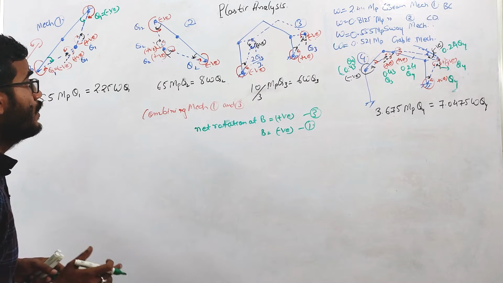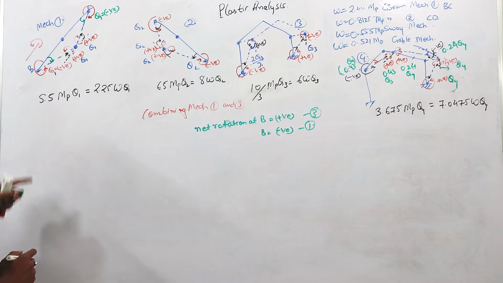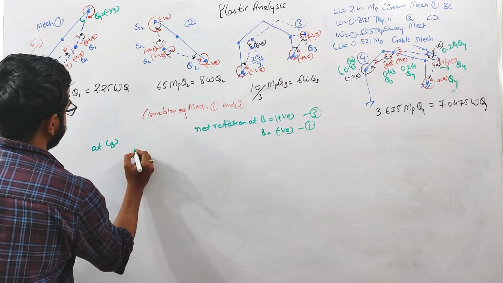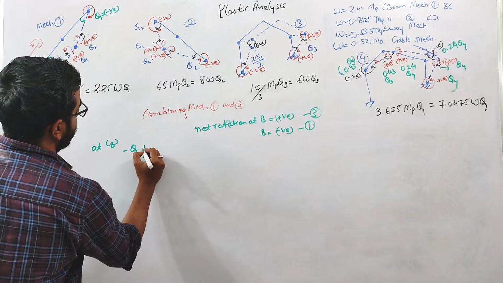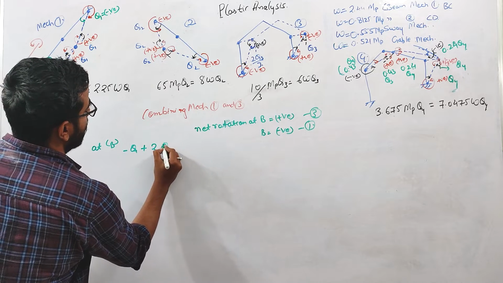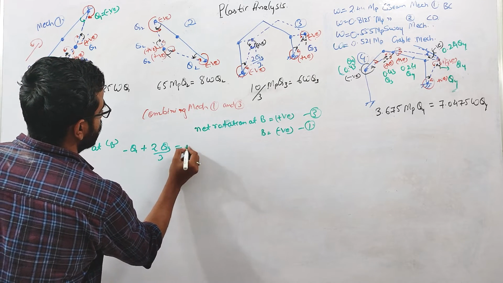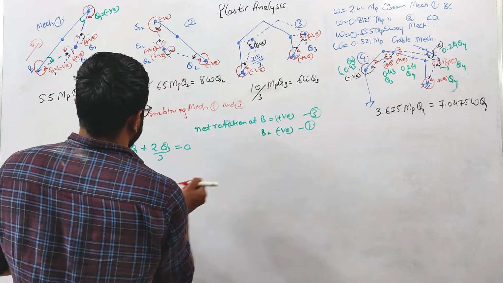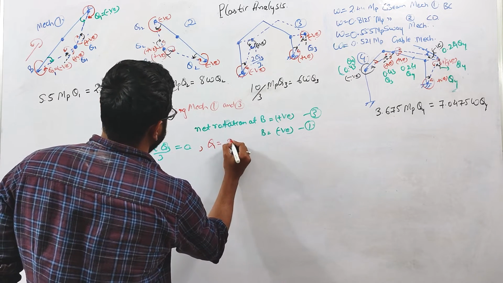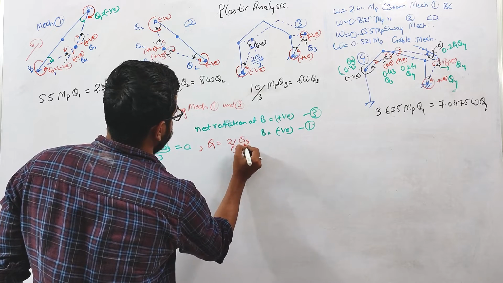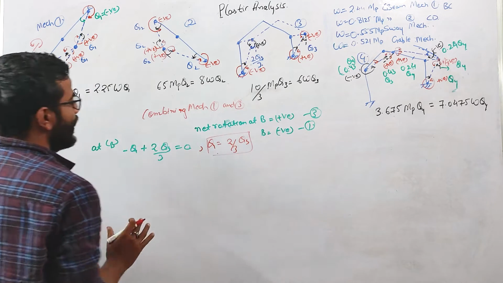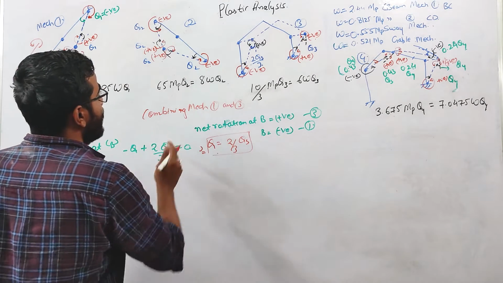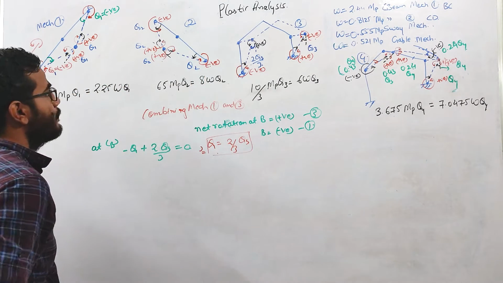So if you combine these two mechanisms, at B we will have this situation: negative theta 1 plus 2 theta 3 by 3 equals 0. So from here, we can say that theta 1 is equal to 2 by 3 theta 3.